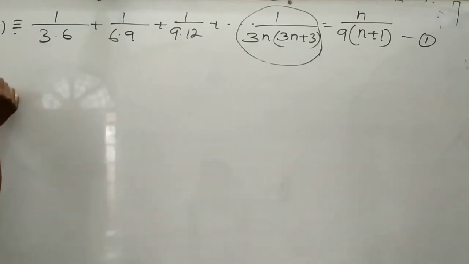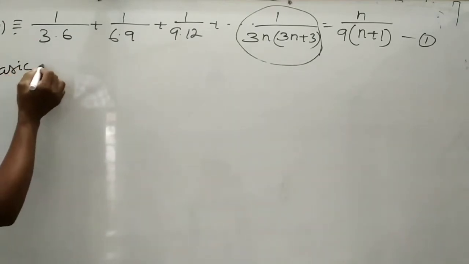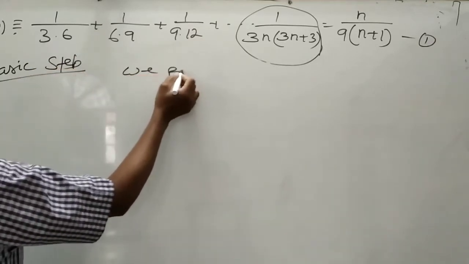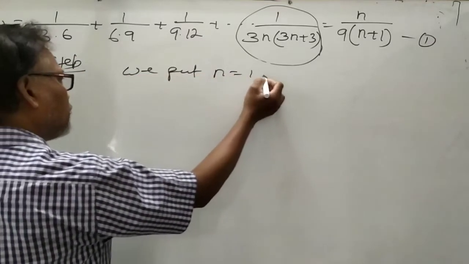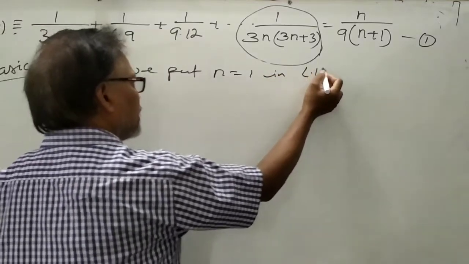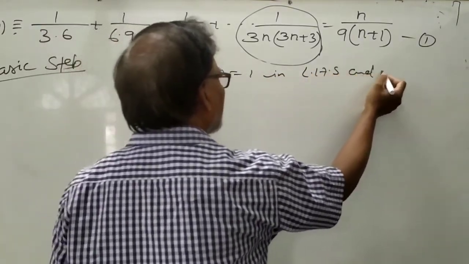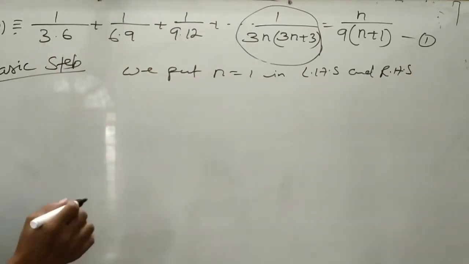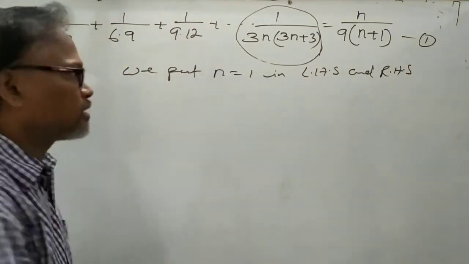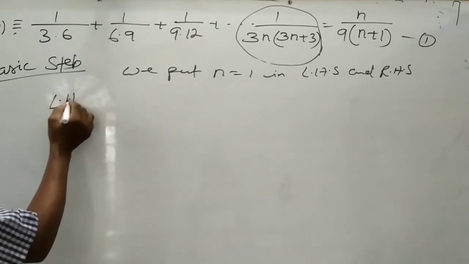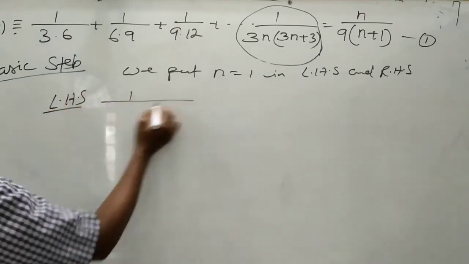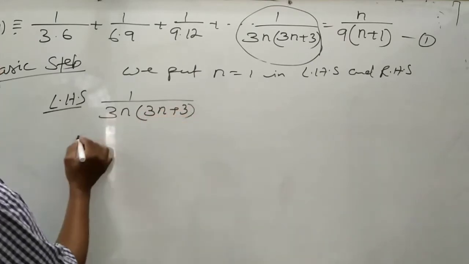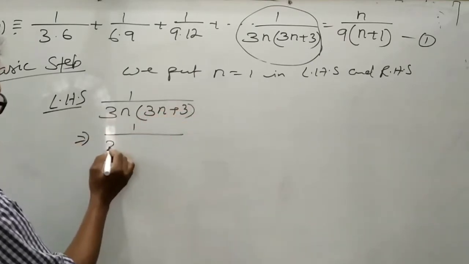Now basic step, we put n is equal to 1 in LHS and RHS. तो LHS I said this is meaning the nth term. So LHS is put the n is equal to 1.